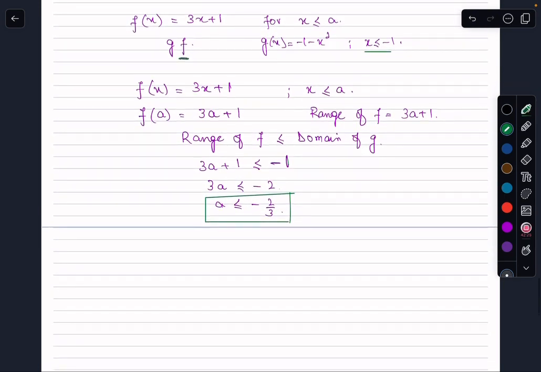If a is lesser or equal to negative 2 by 3, then the set of values of a are lesser or equal to negative 2 by 3, but the largest value of a is going to be negative 2 by 3.